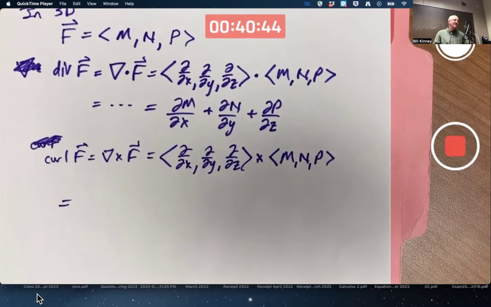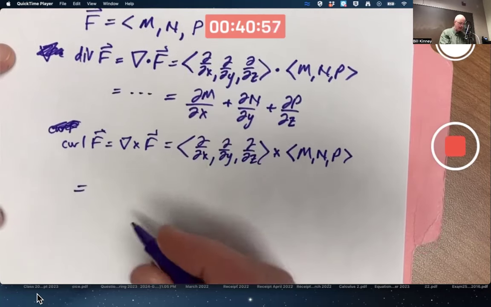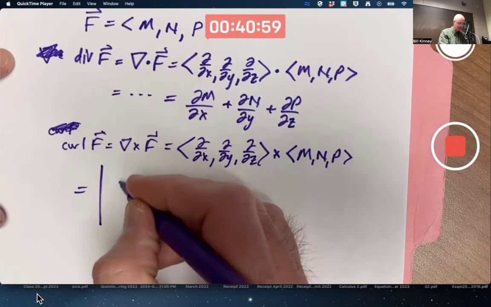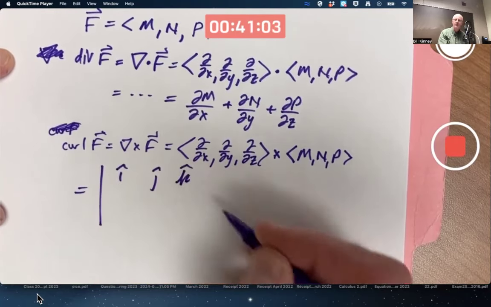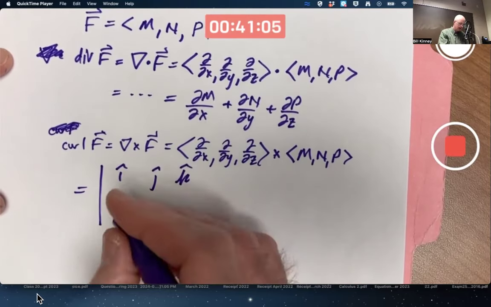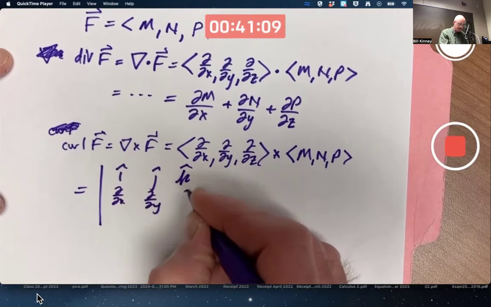And well, remember we did cross products way back when? And we made those matrices and we added columns and did arrows. I always forget how that goes. I remember how the cross product goes thinking about a determinant where i hat, j hat, and k hat are the top row. These derivative operators are the second row.